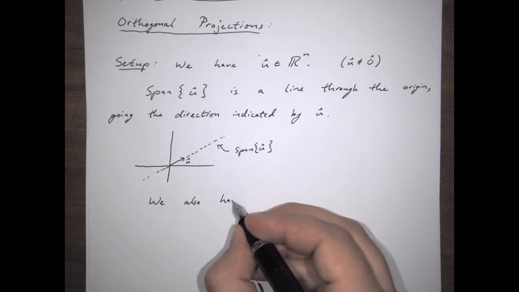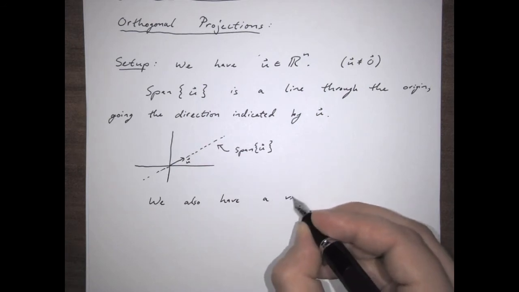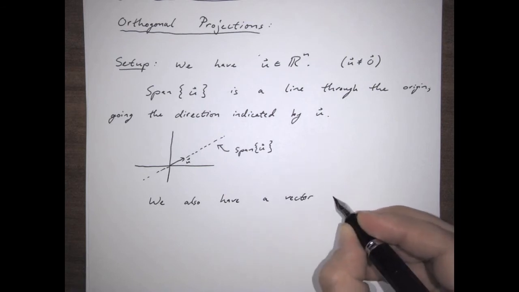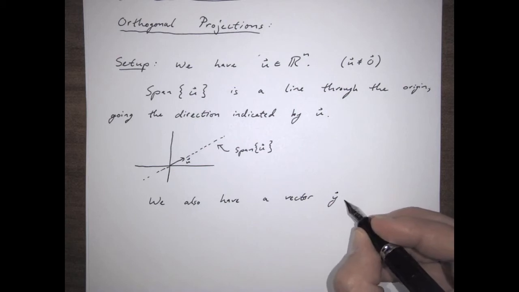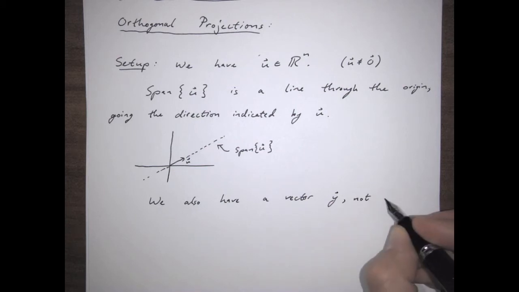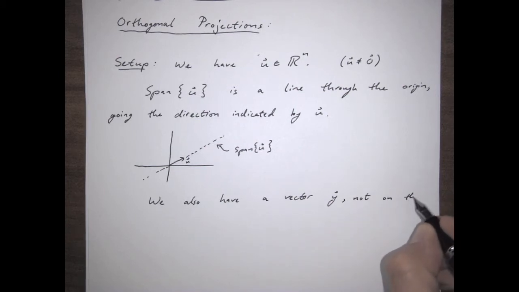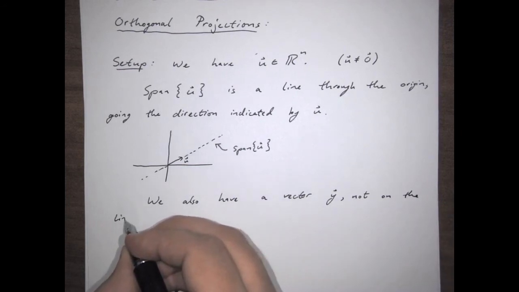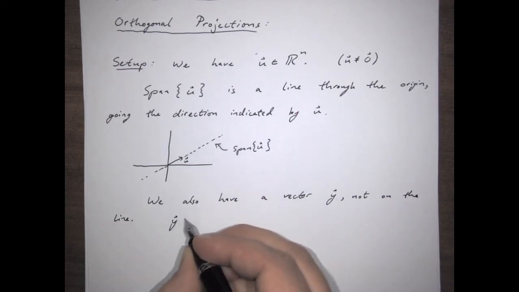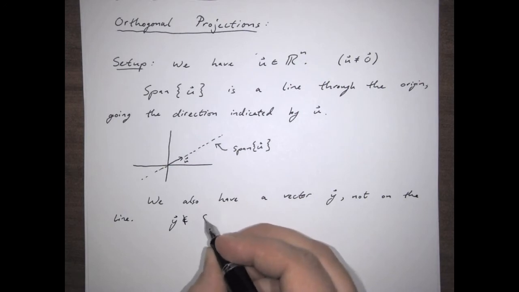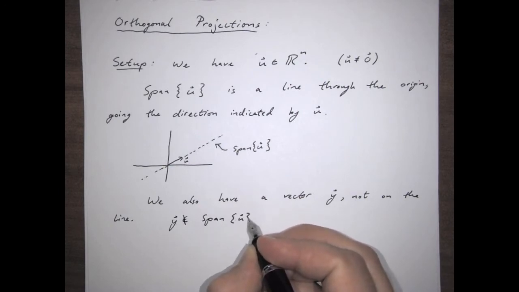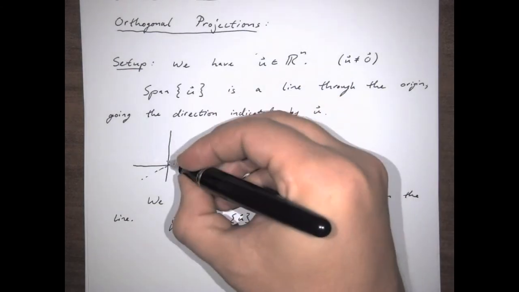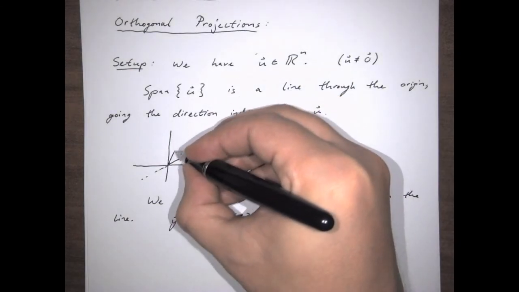We also have a vector y, which is not on the line. Not on the line. So in other words, y does not belong to the span of u. So let's say we are going to be going like that.